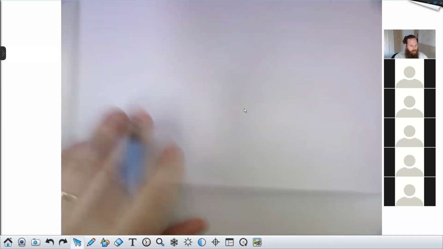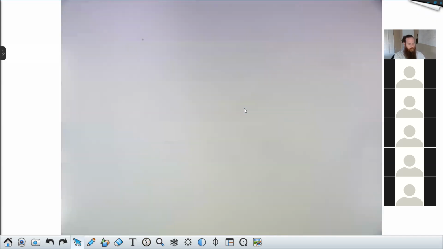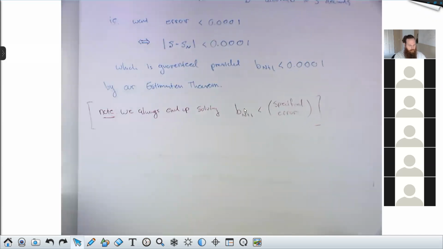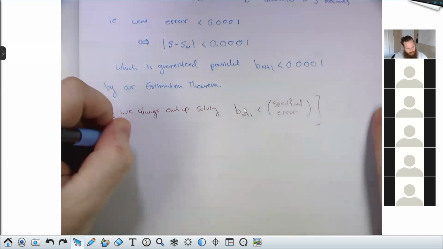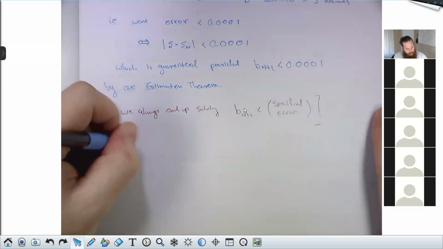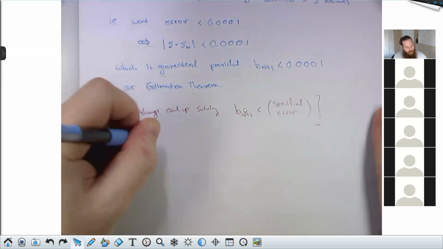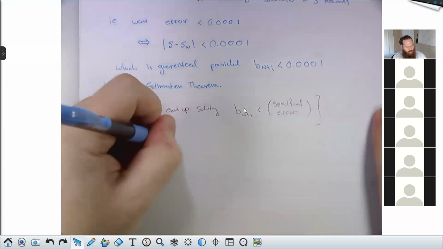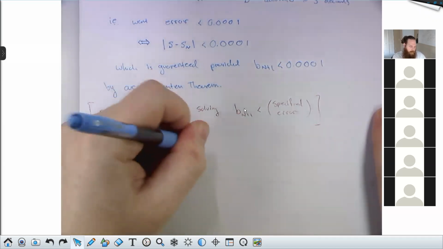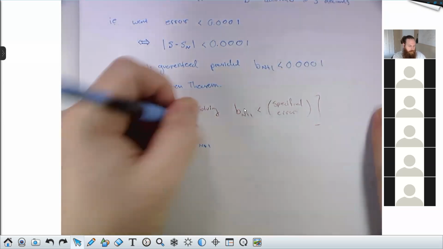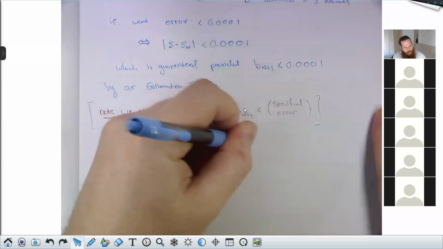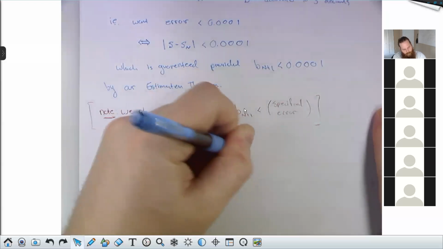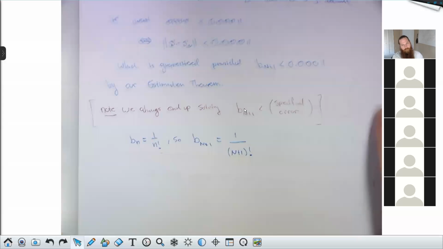So here, what does that inequality look like? What is B sub N plus 1? B sub n is 1 over n factorial. So B sub capital N plus 1 is 1 over capital N plus 1 factorial.